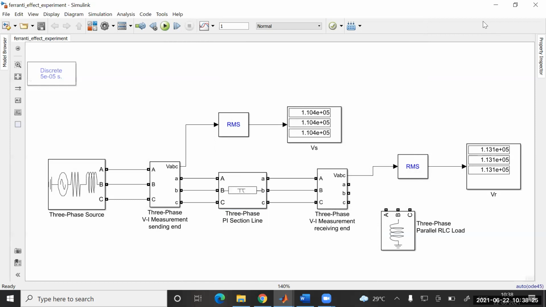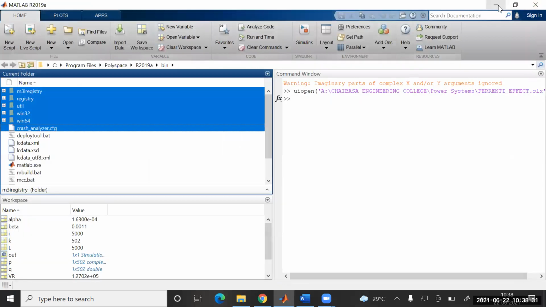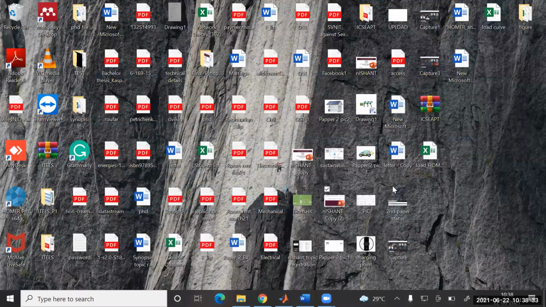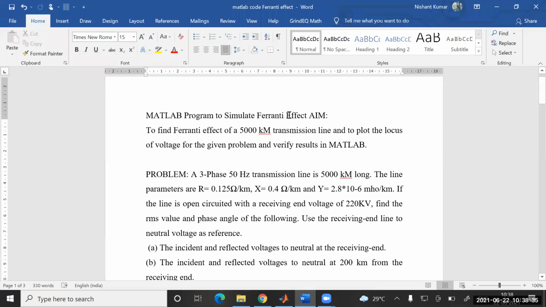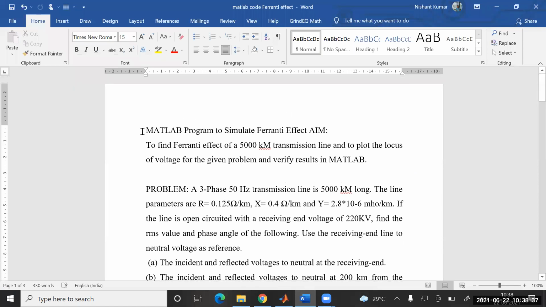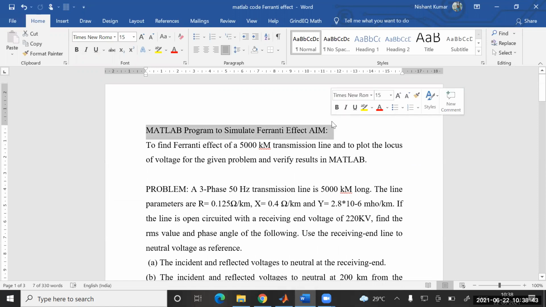So let's go with the other segment that we were discussing. We'll close this part and we'll start with this. Now we'll use another very important segment of MATLAB, that is coding.